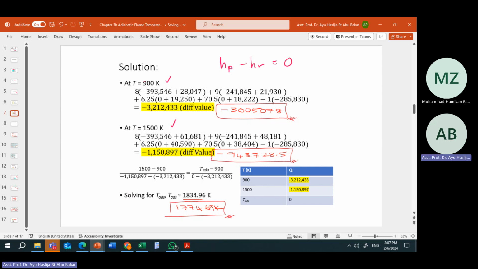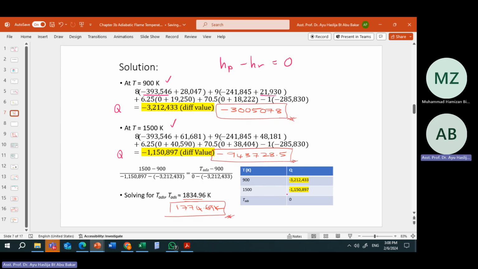Okay, kita guess at 900 and 1500. Find all the values at that particular temperature. So bila still the same, cari the HF, the sensible heat, everything. You akan dapat at T900, this is the Q. Boleh follow? Boleh. Then the second T, you will get this value of Q.